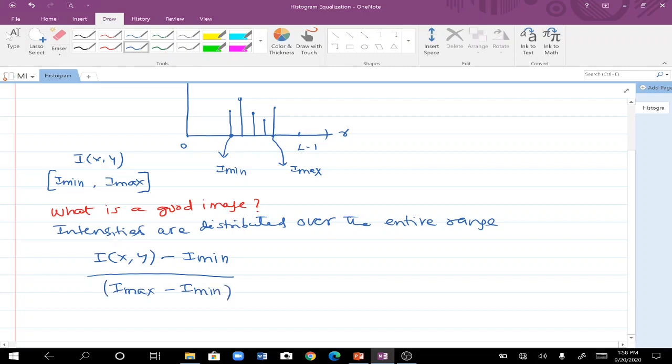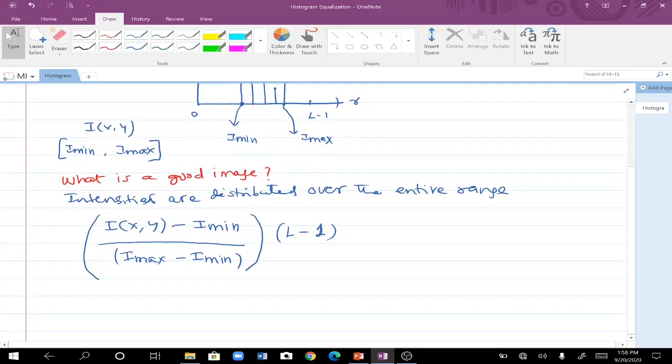So when you hit I of xy equal to I max, this whole fraction would give us one value, and we want that 1 to go to L minus 1. So this whole thing is multiplied with L minus 1, so that it would get mapped to L minus 1. And then of course you do a quantization, or you approximate it to the nearest integer, and that is what gives you a new image after applying this transformation on the image.